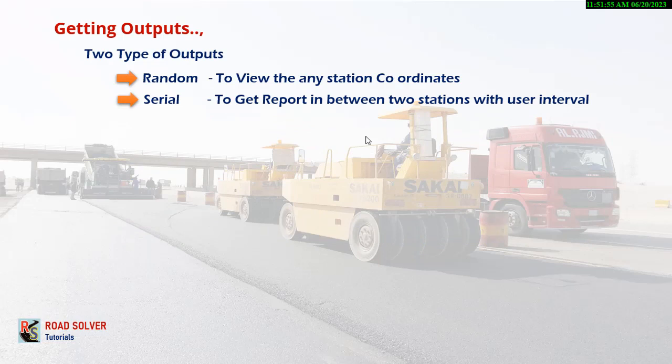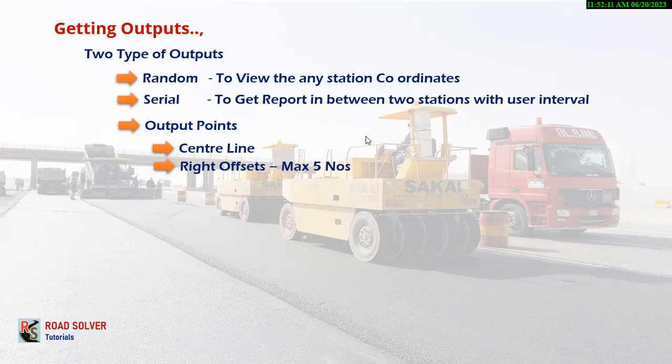This is from one station to another, between the 2 stations as per the user interval. It is 25 meters, 10 meters, whatever your requirement, you can give as input. The output points, you can get as center line, right offset 5 numbers and left offset 5 numbers.